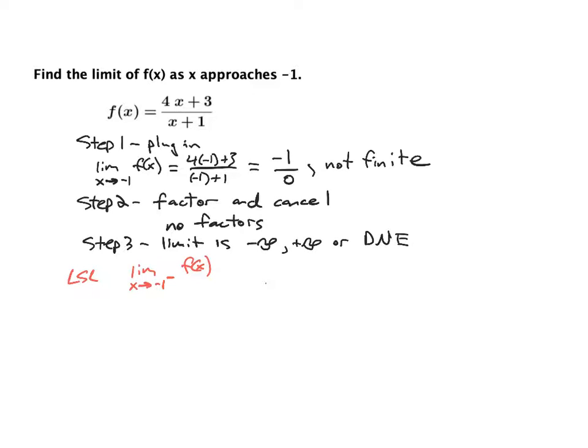First, let's look at what that behavior looks like as x approaches -1 from the left. Let's pick a value less than -1, but pretty close to -1. Maybe -1.1. So -1.1 is less than -1 and pretty close.